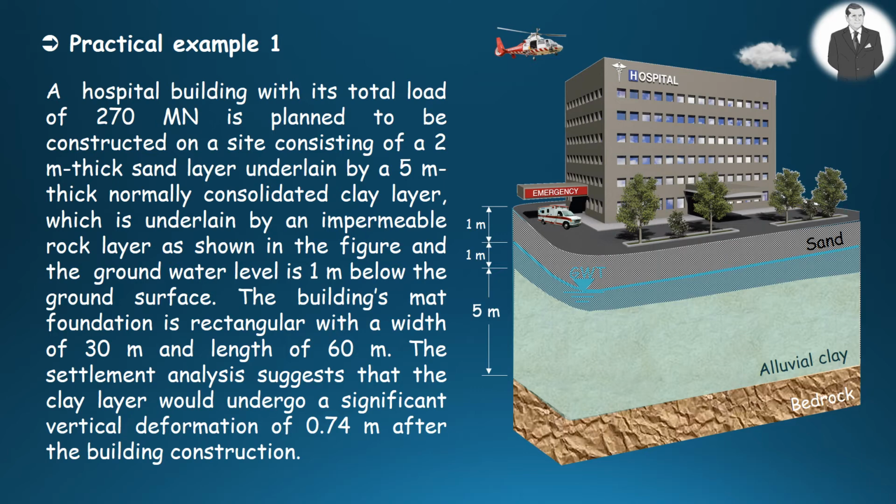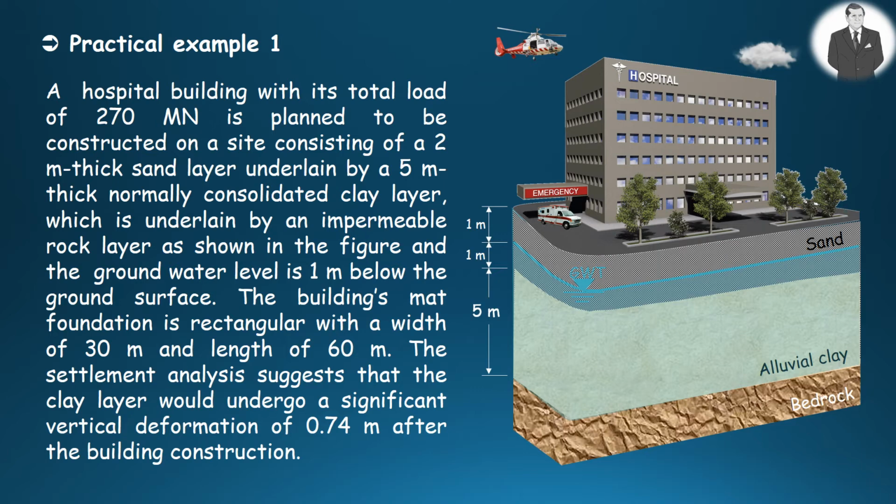Practical example 1. A hospital building with its total load of 270 meganewton is planned to be constructed on a site made up of a 2-meter thick sand layer underlain by a 5-meter thick normally consolidated clay layer, beneath which an impermeable rock layer lies, as illustrated in the figure, and the groundwater table is located 1 meter below the ground surface.